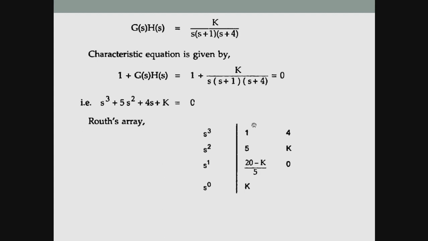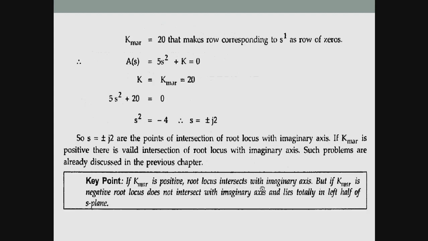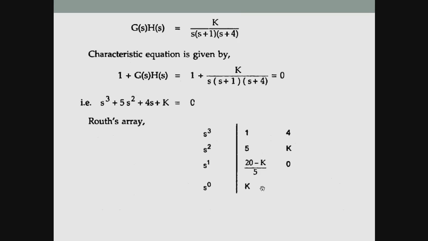How do I calculate this k value? For the system to be stable, all these values in the first column should be greater than 0, so k should be greater than or equal to 0.